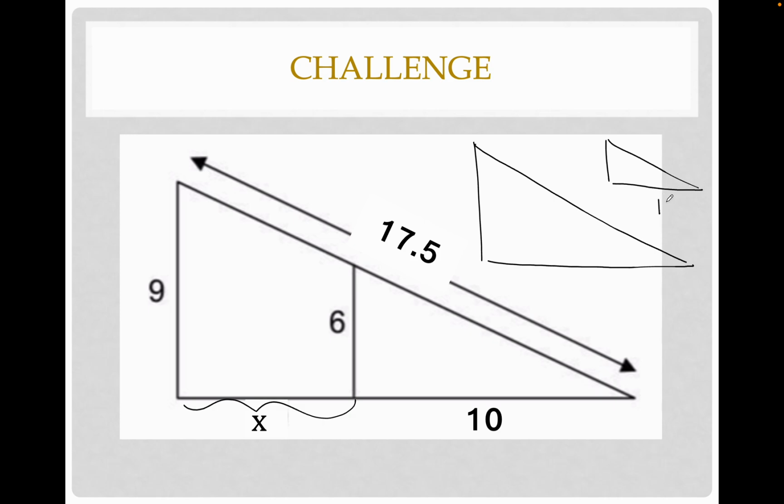The smaller triangle is 10 and 6. The larger triangle is 9, and it's X plus 10. The whole thing is X plus 10. So when you're going to solve your proportion here, you have to keep in mind that this is not just X, it's X plus 10 more.